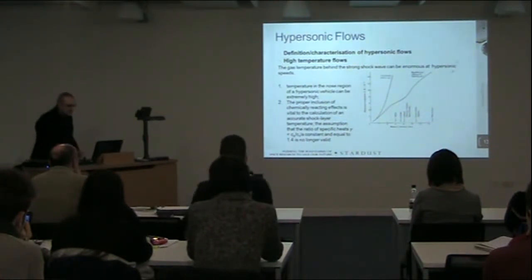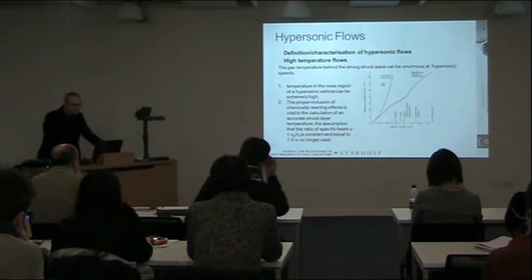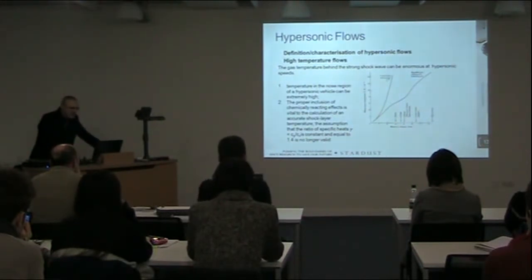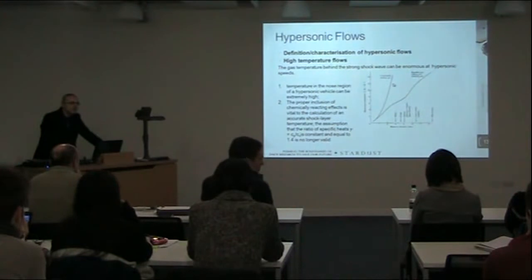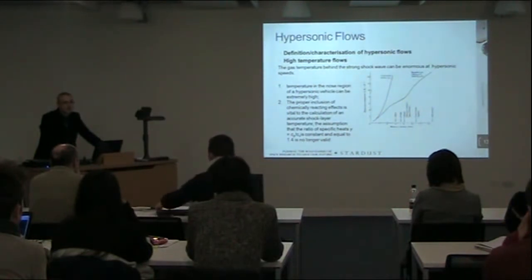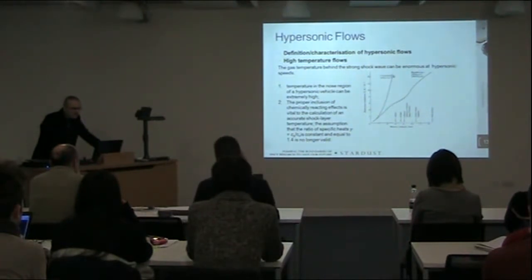For example, if we consider the gas a perfect gas, we have a very conservative value, but too high actually. That means that for the same velocity, we have a difference in temperatures of several thousand kelvins.